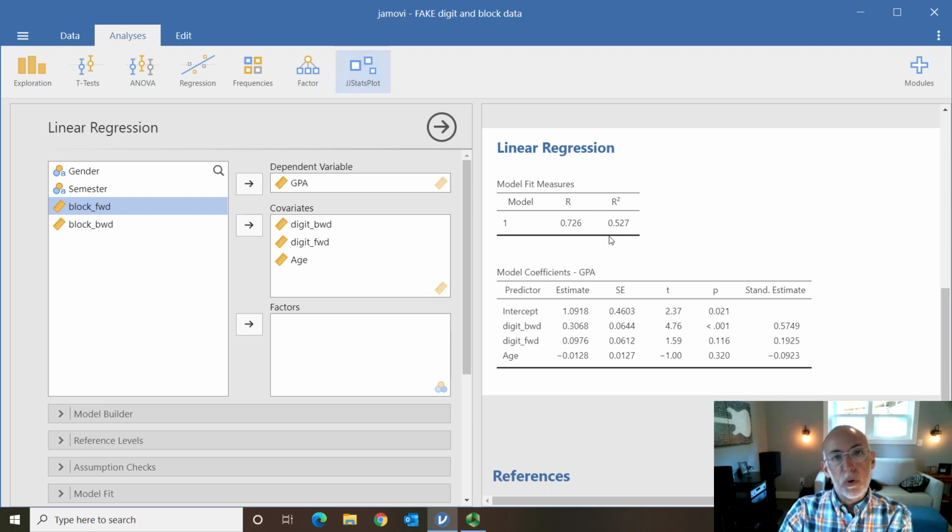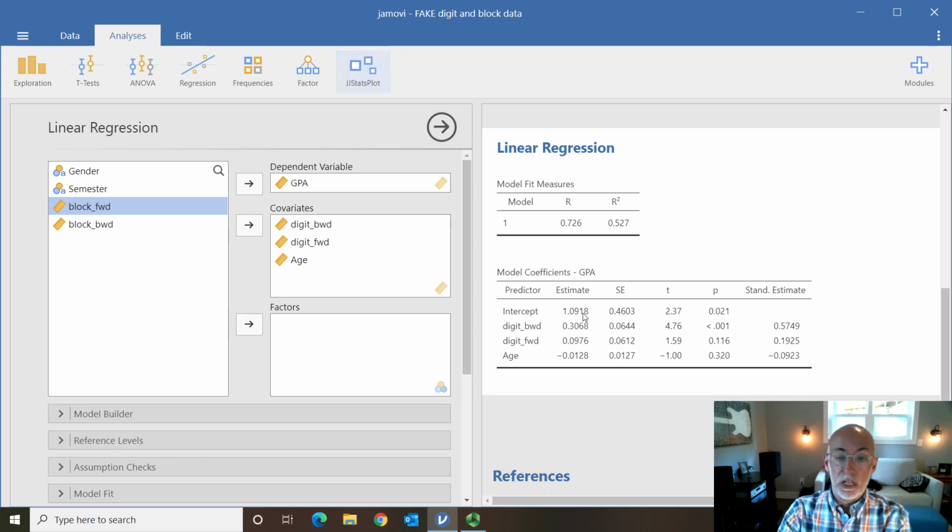If you look at the R-squared, it just went up from 0.49 to 0.527. So we're accounting for more of the outcome by adding in more variables. If you look at the coefficients at the bottom, look at the significance tests. We have digits backward, digit forward, and age.